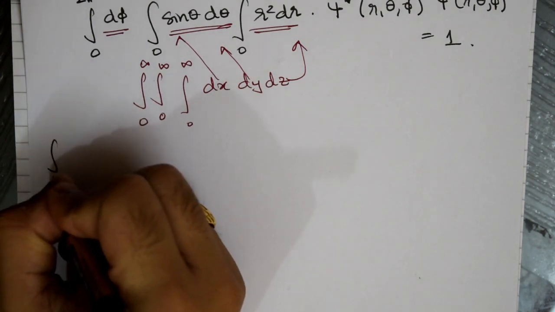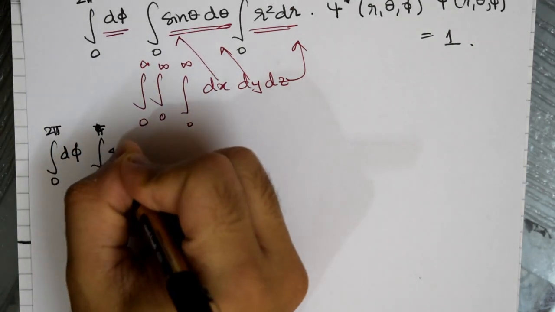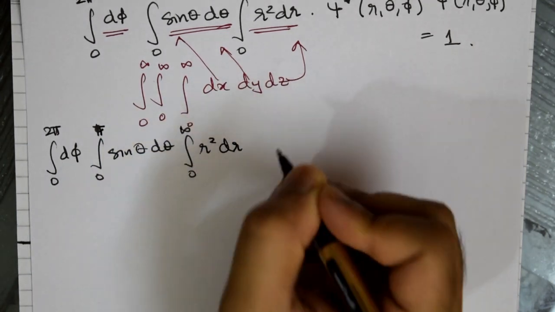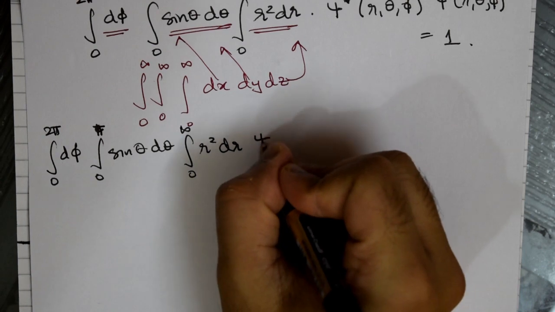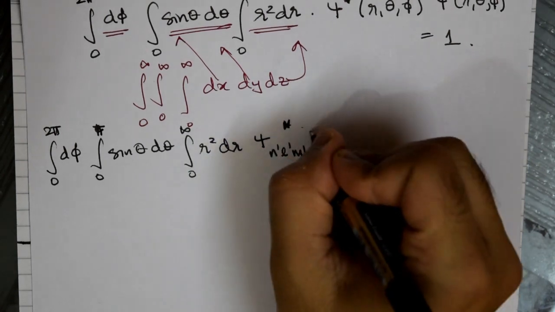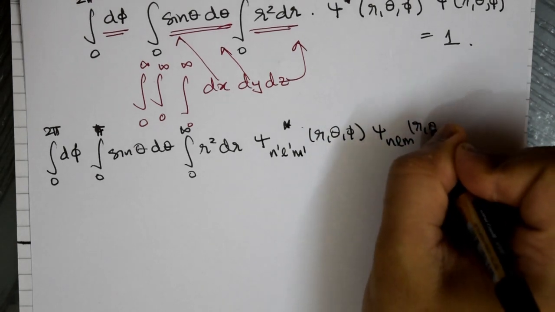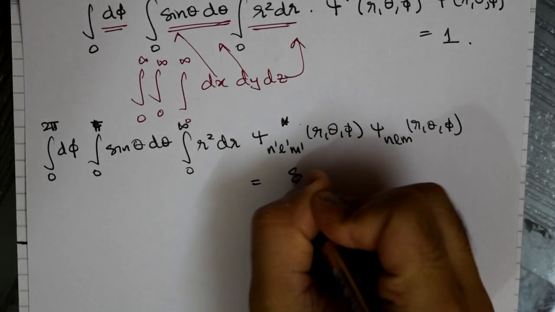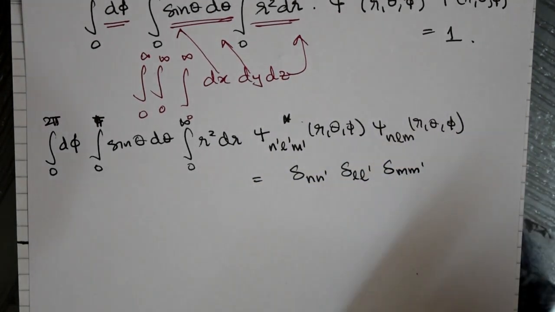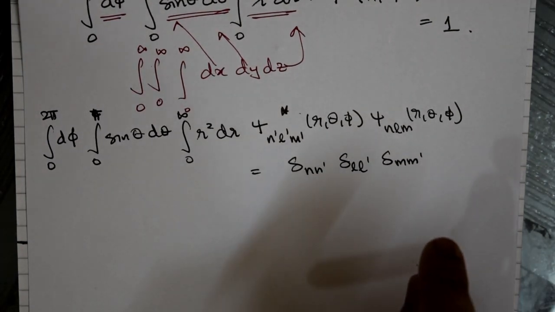So basically integral 0 to 2 pi d phi, integral 0 to pi sine theta d theta, 0 to infinity r squared dr, then you have psi n prime l prime m prime star of r theta phi times psi n l m of r theta phi will be given by the Kronecker deltas: delta n n prime, delta l l prime, delta m m prime. So this is how the orthonormality is given, in which case each of these is the Kronecker delta that we are trying to look at.